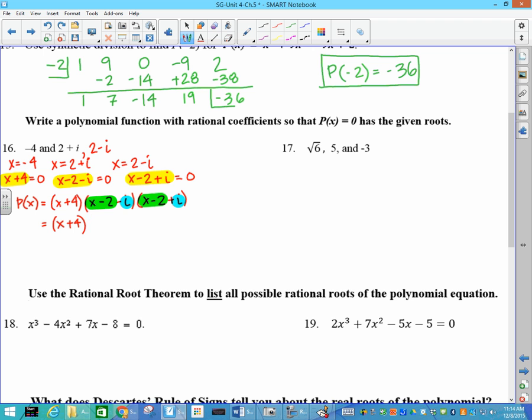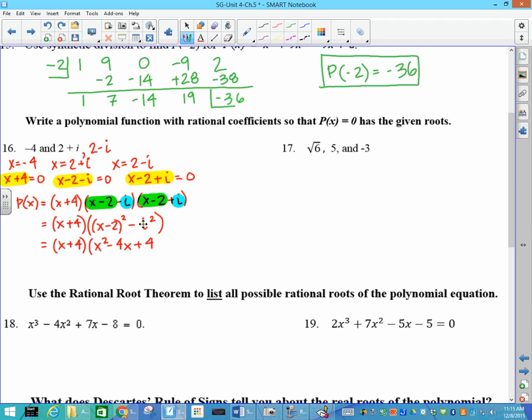So when I write it out, it's going to be x minus 2 squared minus that other one squared. So that gives me x plus 4, and then x minus 2 squared, we've done this a lot, is x squared minus 4x plus 4. That's your a minus b: a squared minus 2ab plus b squared.